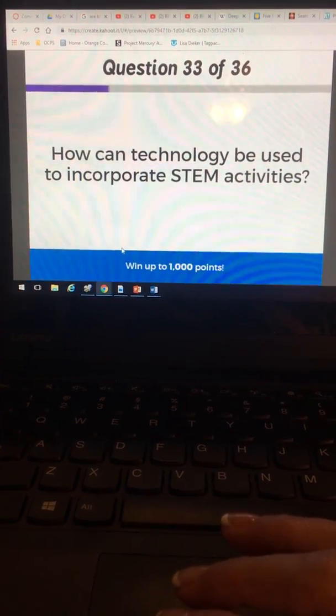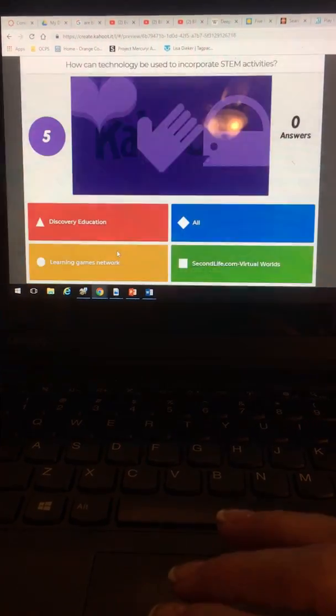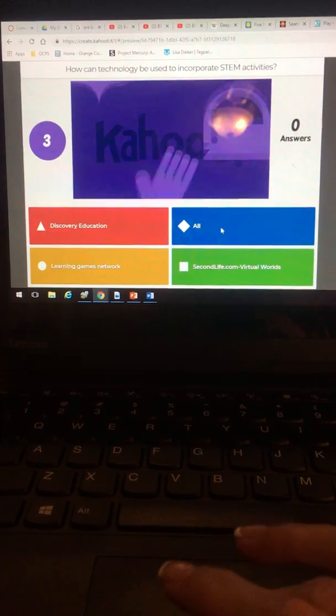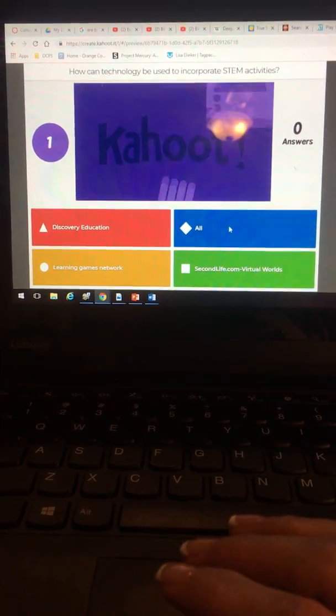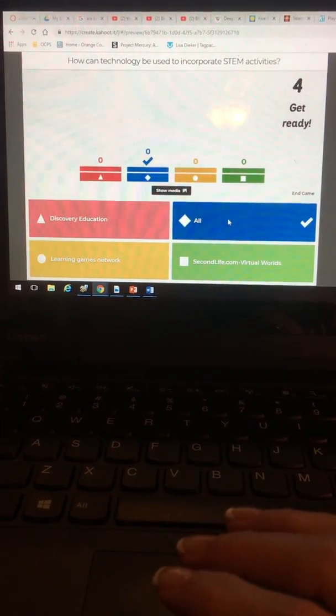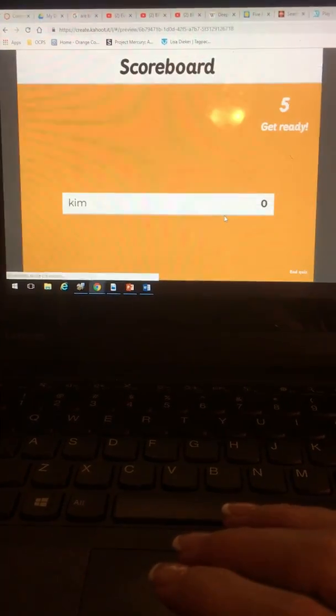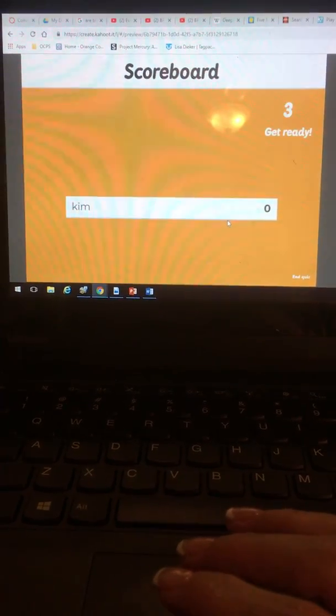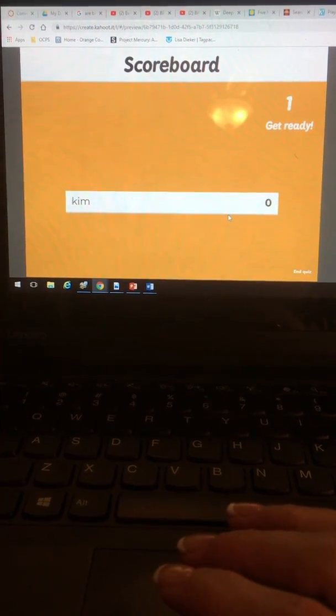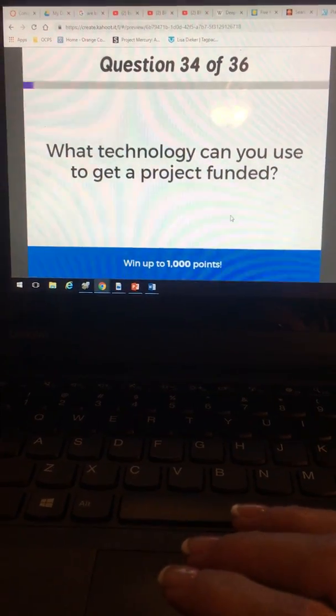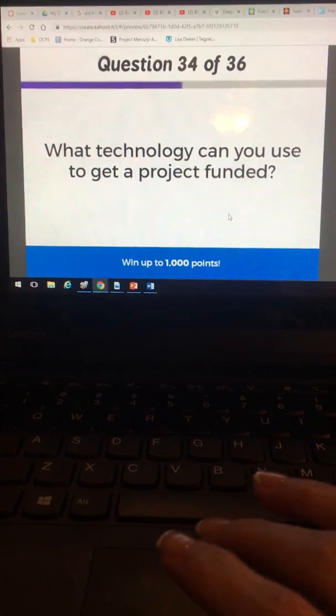How can technology be used in corporate STEM activities? What technology can you use to get a project funded?